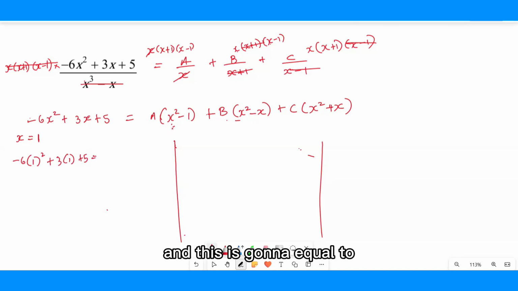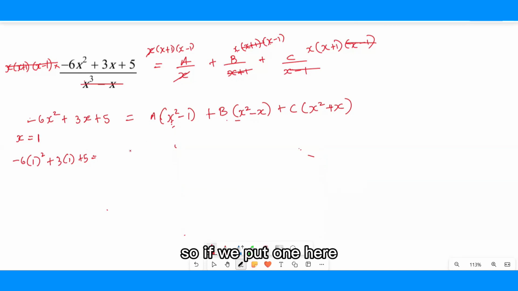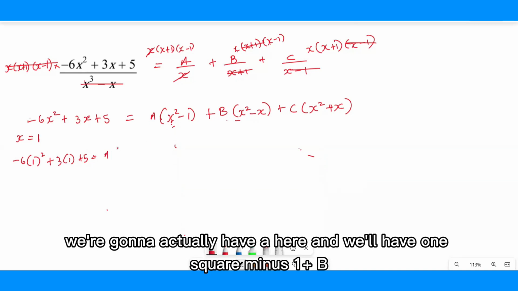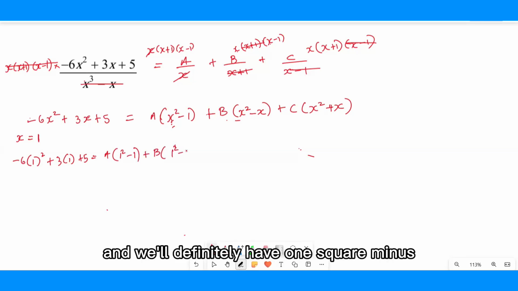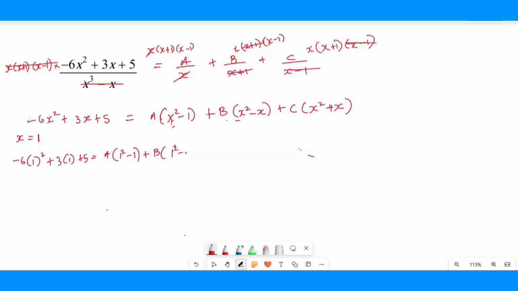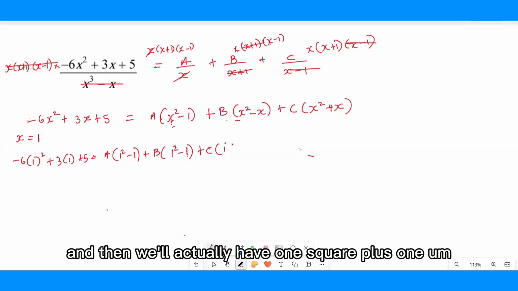And this is going to equal, so if we put 1 here, we're going to have a here times 1 squared minus 1, plus b times 1 squared minus 1, just the same, plus c times 1 squared plus 1.